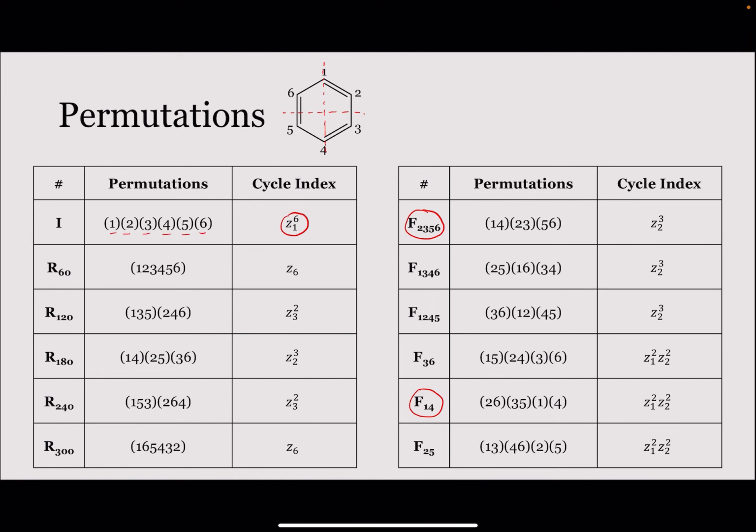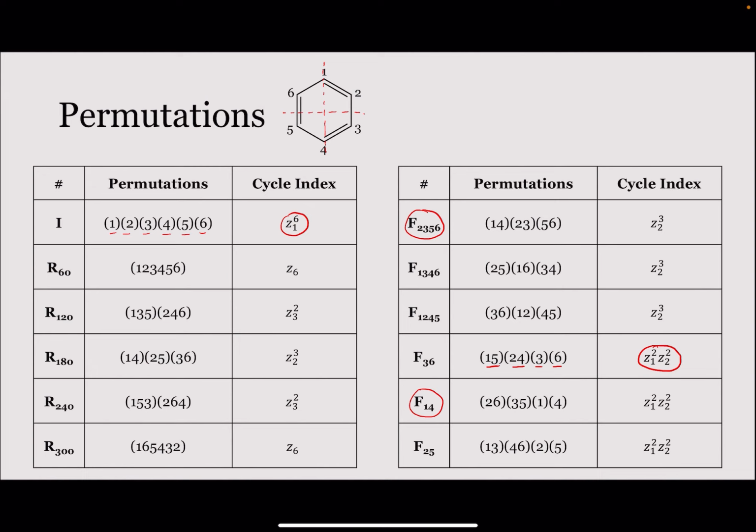Another example, z1 squared, z2 squared represents 2 cycles of size 1 and 2 cycles of size 2. So the zi subscript tells you the cycle size, and the exponent represents the number of cycles of that type.